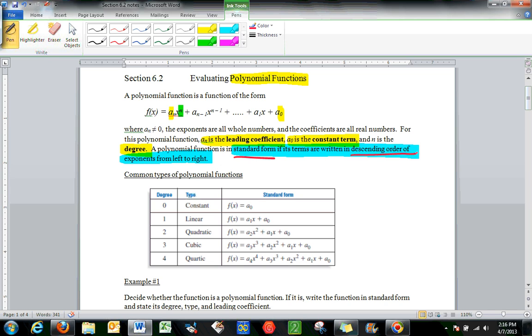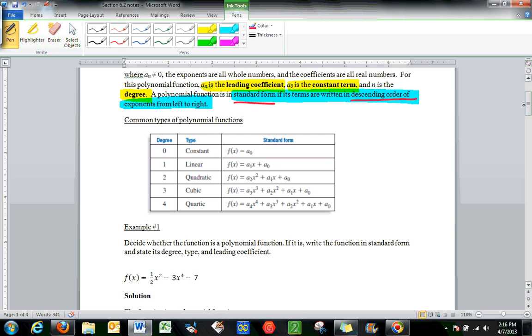Now, if we write a polynomial function in standard form correctly, we create some common types of polynomials. Now, you should be very familiar with the first three at this point because we've dealt with constant, linear, and quadratic pretty extensively in Algebra 2.